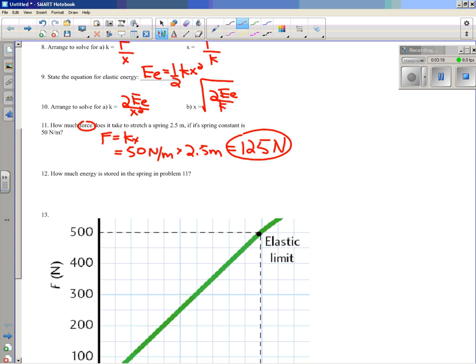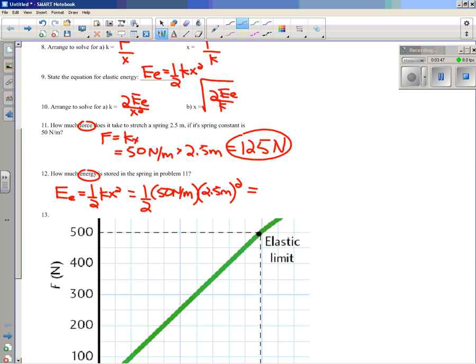The next question says how much energy gets stored in the spring if you've got the same spring constant, same stretch, 50 newtons per meter and 2.5 meters. Now it's saying energy, so now you do use the energy formula. Elastic potential energy equals 1/2 kx squared. In this case, that's 1/2 times 50 newtons per meter times 2.5 meters, and that is squared.